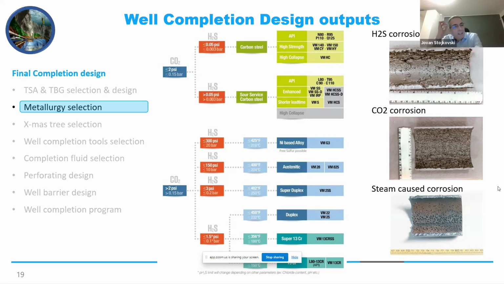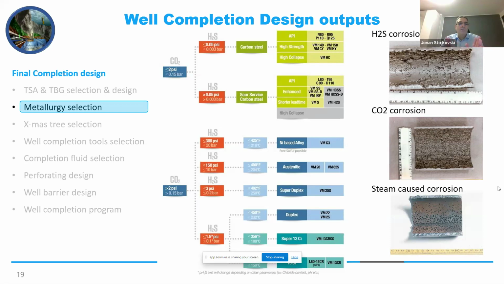The best thing is to have a laboratory with your operator company, which you can compare with the service provider recommendation, and then you match this and see which is the best metallurgy for you.